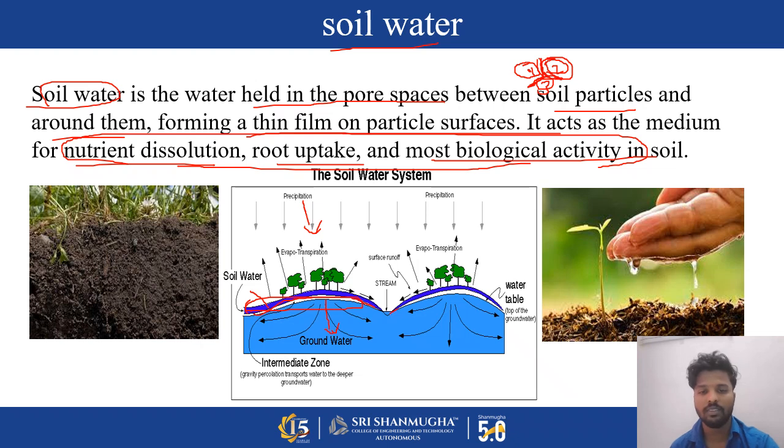This is the soil water available in the upper earth crust for plant growth. Here you can also see different terms: evapotranspiration, surface runoff, and stream flow. The water in different forms is given different names in this picture.